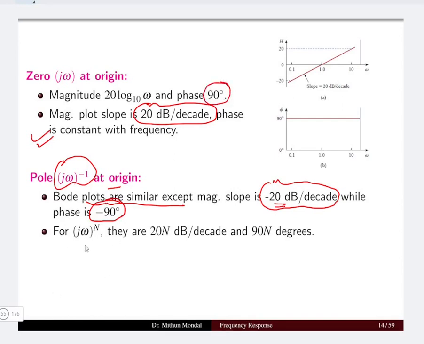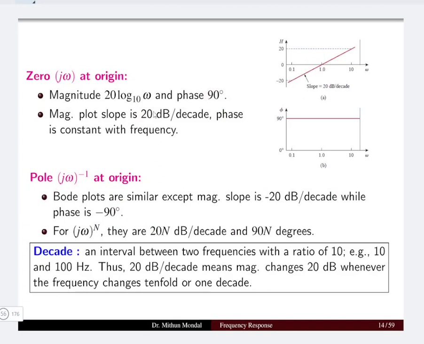Now, if we have multiple poles, so if a term n is involved, for example, if we have two poles, then we have (j omega)^2 and three poles (j omega)^3. So if we have multiple poles, then the magnitude slope will be 20 n decibel per decade and the phase will be 90 into n degrees. So depending upon how many n are involved, whether it is a double pole or triple pole, we can plot it with 20 n times and 90 n times the degrees.